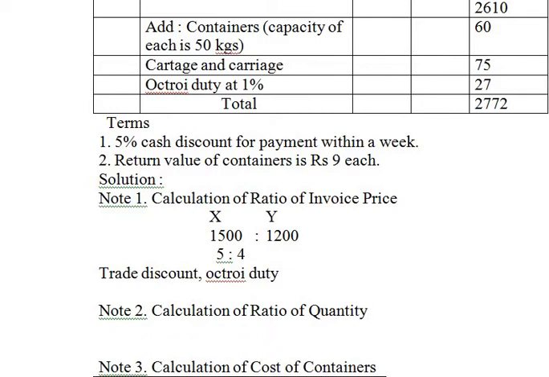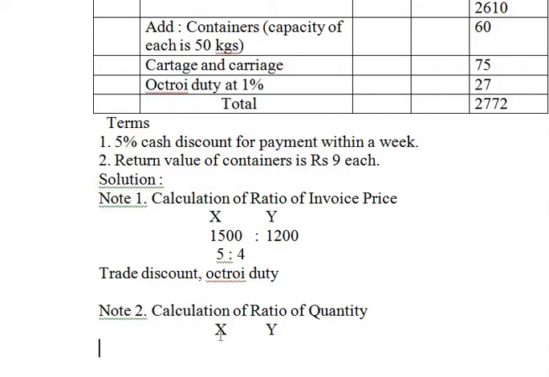Again, as there are two materials, X and Y, go through the quantity of material X. Going through the problem, the quantity of X is 150 and the quantity of Y is 100.